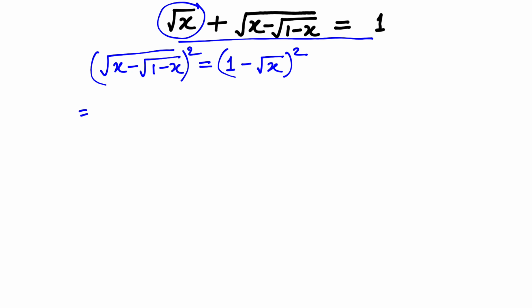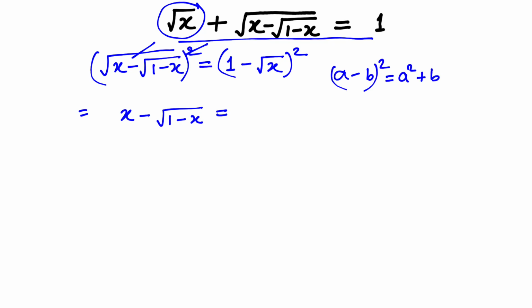To equate the square, we will just cancel this root sign and our square is cancelled. So this will become x minus under root 1 minus x. Now on the right hand side, you can see it is in the form (a minus b) whole square, for which the formula is a square plus b square minus 2ab.